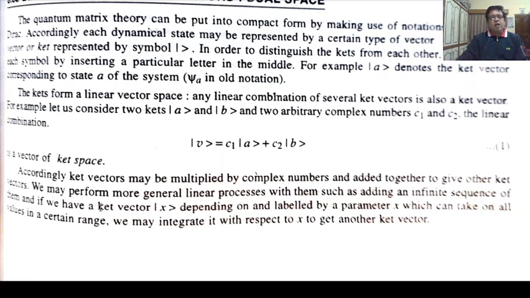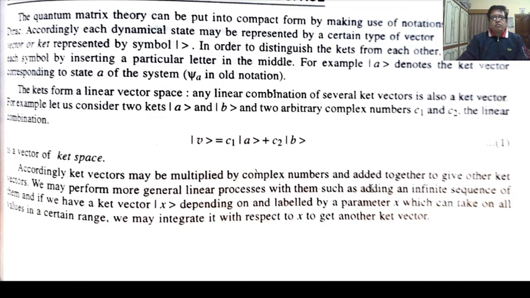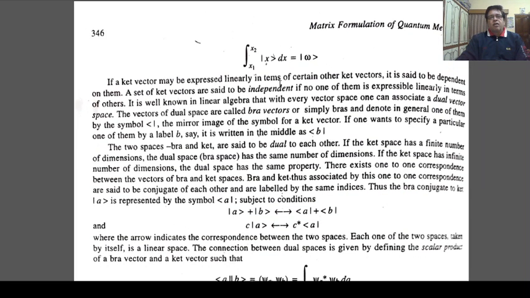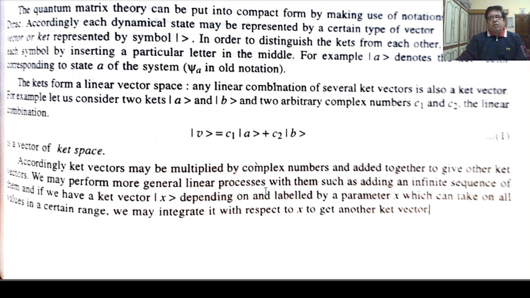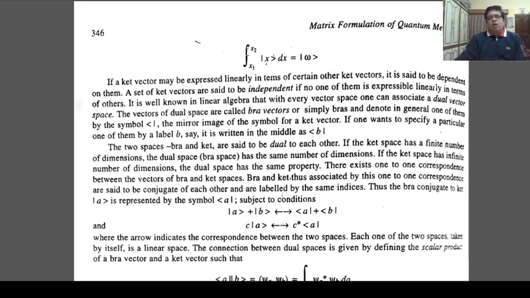And if we have a ket vector |x> depending on and labeled by a parameter x, which can take on all values in a certain range, we may integrate it with respect to x to get another ket vector. Now, integral from x1 to x2, these are the limits, of ket x dx equal to, suppose, omega.